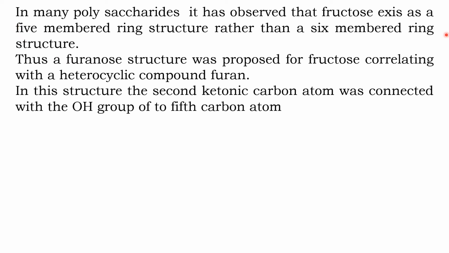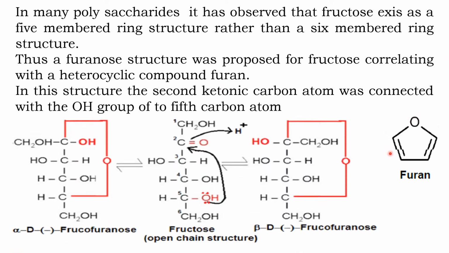So, a five-membered structure was proposed by connecting with a compound called furan. This is the furan molecule. In this furan molecule, we have first carbon atom, second carbon atom, third carbon atom, fourth carbon atom. So, four carbon atoms are connected with an oxygen.